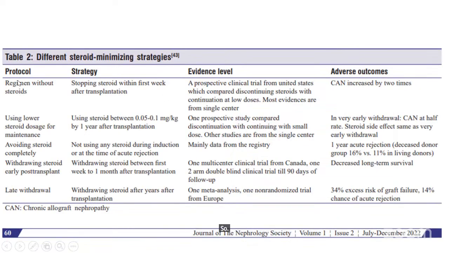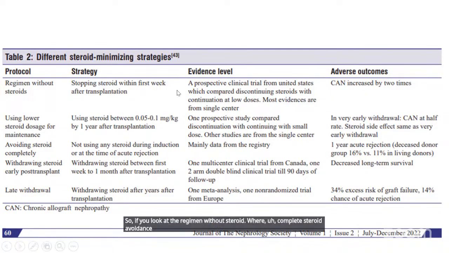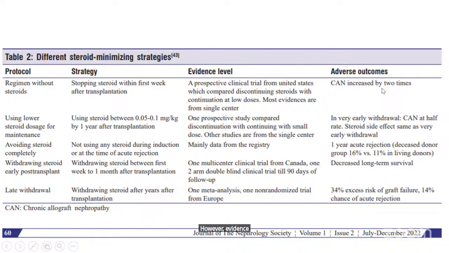If we look at the regimen without steroid, where complete steroid avoidance has been used, the adverse outcome observed is that chronic allograft nephropathy has increased by 2 times. However, we are still waiting for the long-term outcomes.